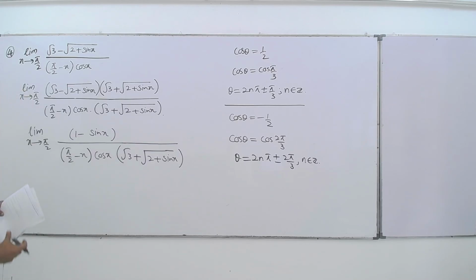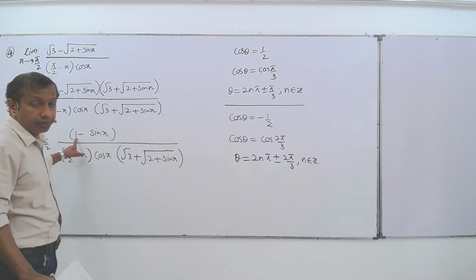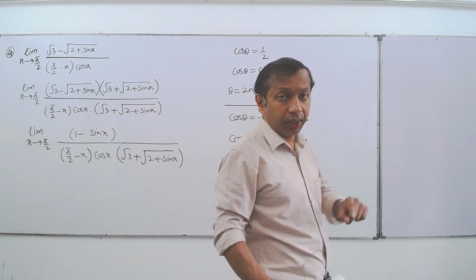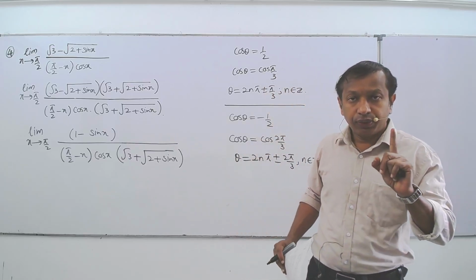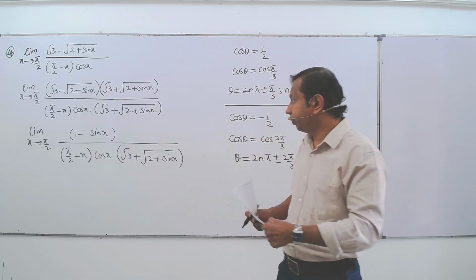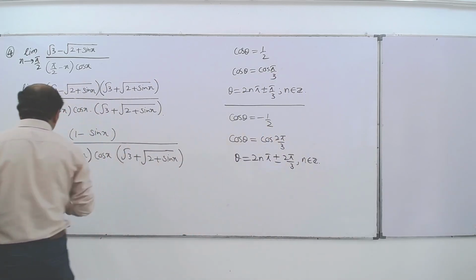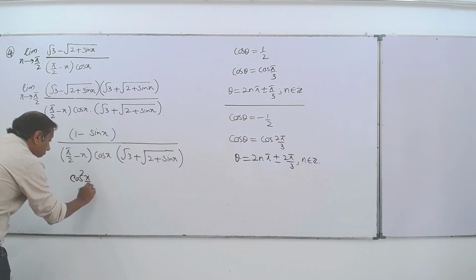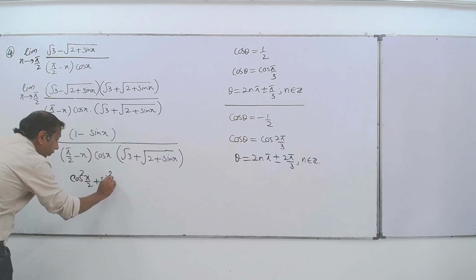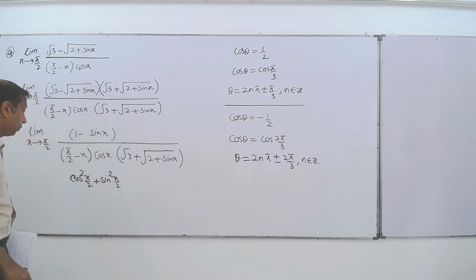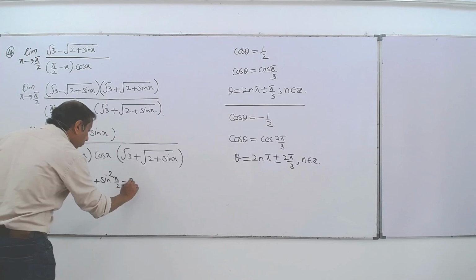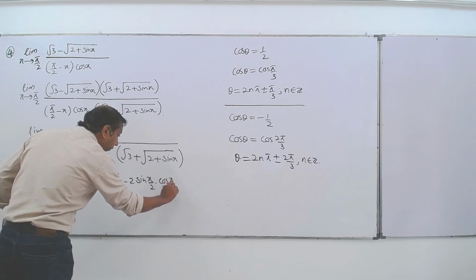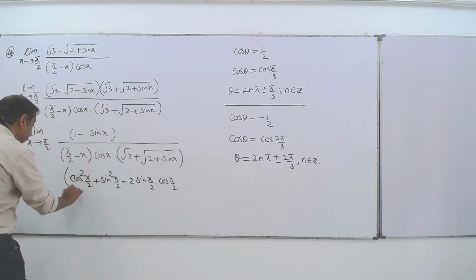The next one, this one I can write as cos squared x by 2 plus sin squared x by 2, and that sin x I can write as 2 sin x by 2 into cos x by 2. This one I can write cos squared x by 2 plus sin squared x by 2. This one I can write 2 sin x by 2 into cos x by 2. This way.